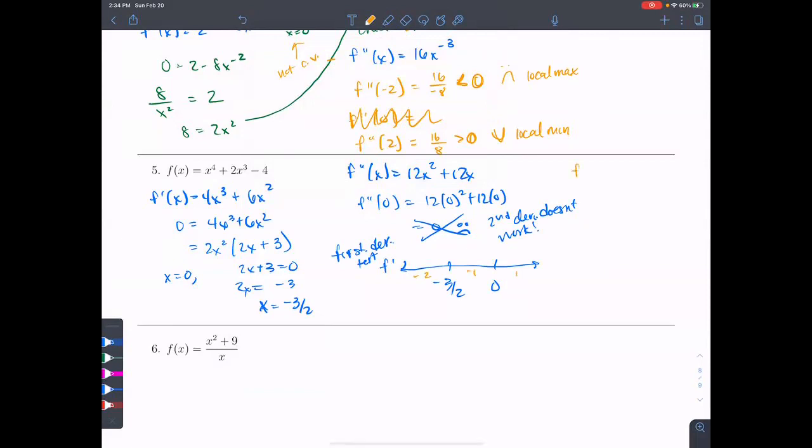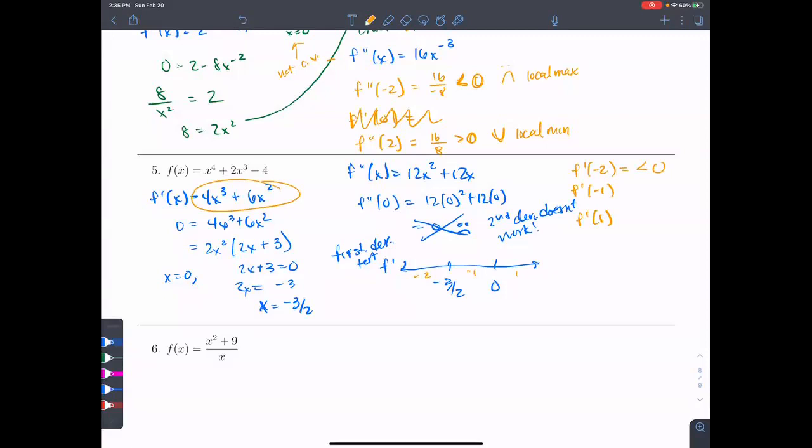So f prime of -2, f prime of -1, f prime of 1. f prime of -2, I'm plugging in here, that would be -8 times 4, which is -32 plus 24, that's still negative.